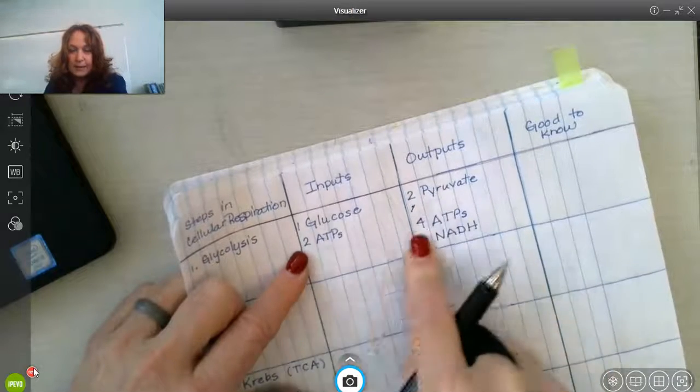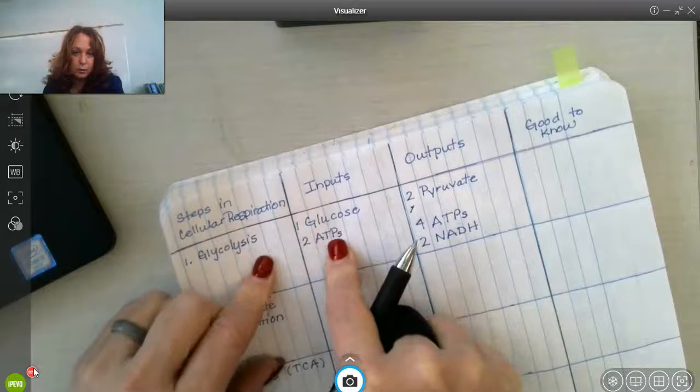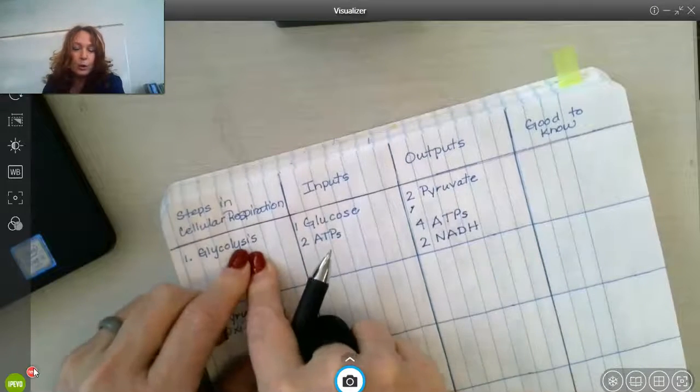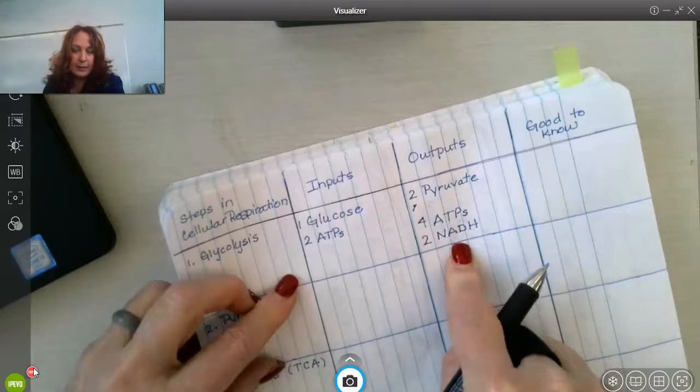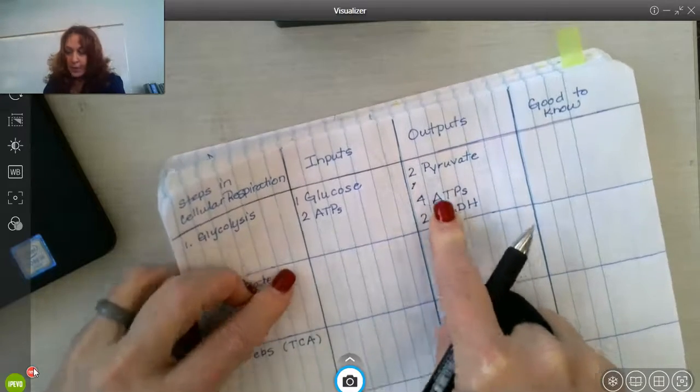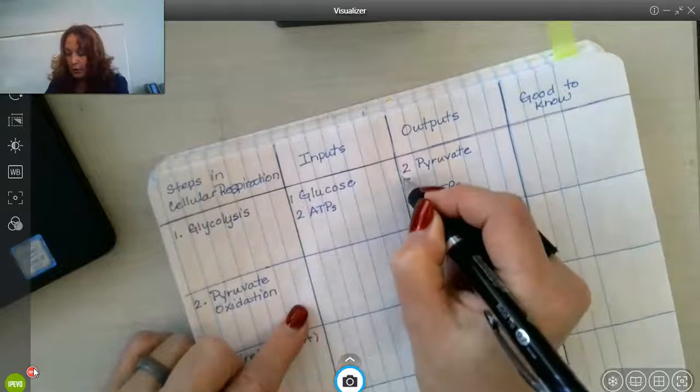All right, so that's the simplified, what do you have to start glycolysis? Glucose and ATP. When you're through with glycolysis, what are you going to end up with? Pyruvate, ATP, NADH.